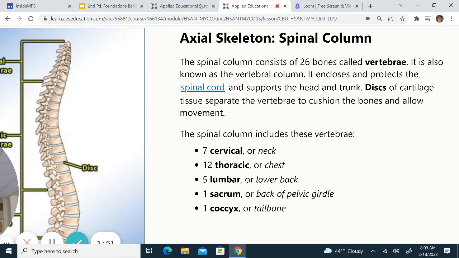All right, so you have your vertebrae, your spinal column here on the back, on the dorsal or posterior side. All right, so it encloses and protects your spinal cord.